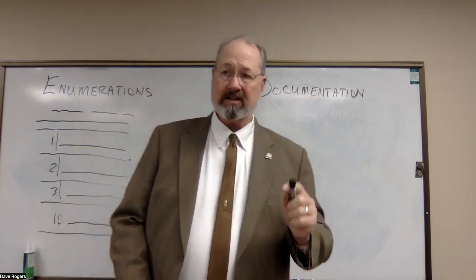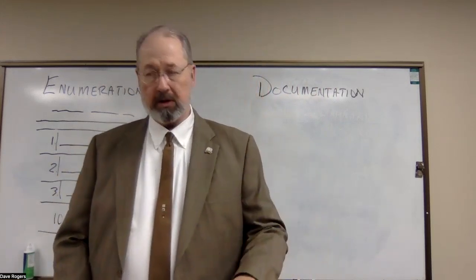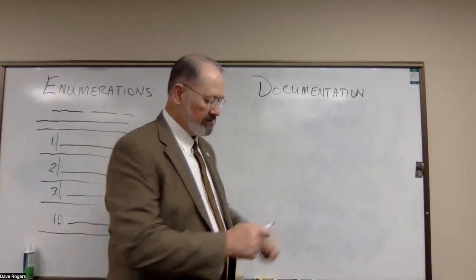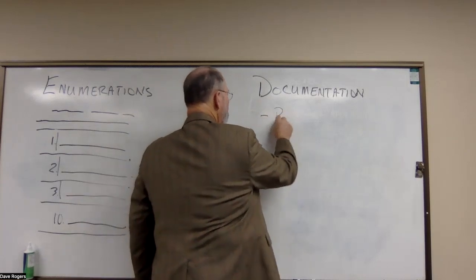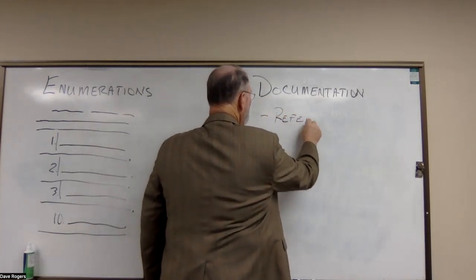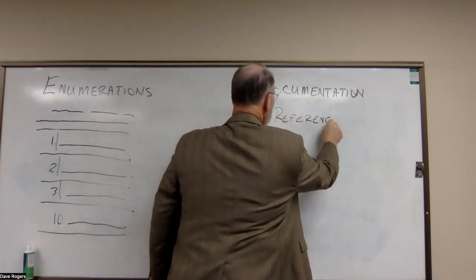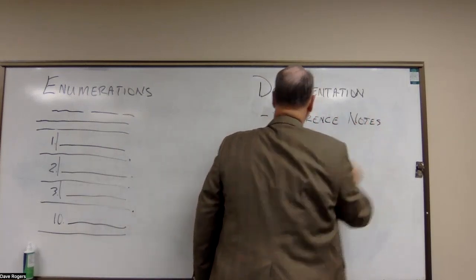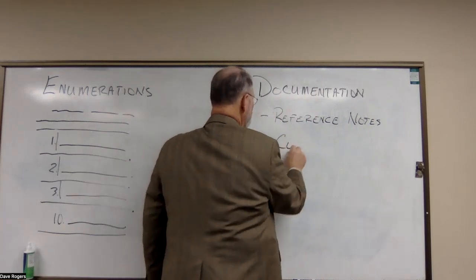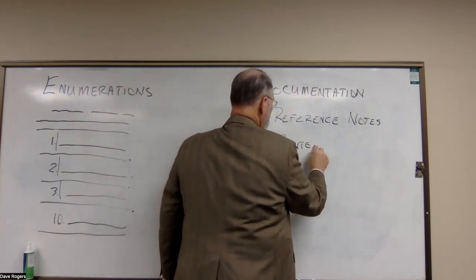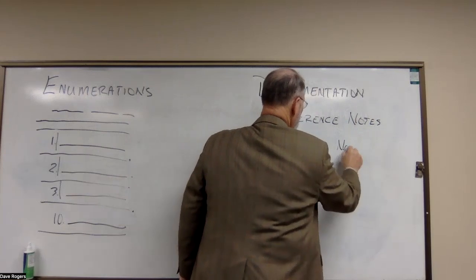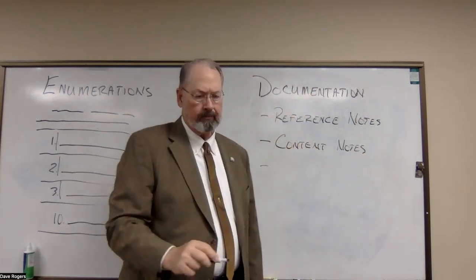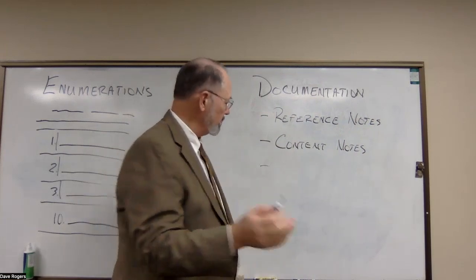There are 3 basic types of documentation used in a research paper. You have reference notes, you have content notes, and you may have bibliographic information.